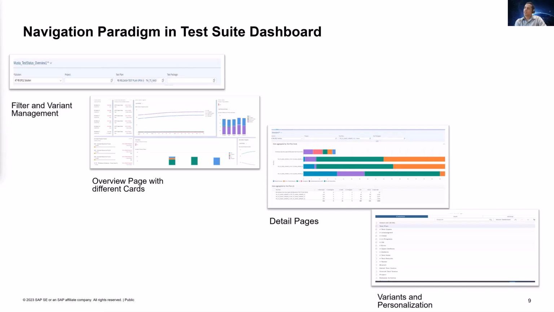From the filter and variant management, you can select the kind of data and the filter parameters based on which the overview pages are shown. From the overview pages, we go a level deeper and see the detail pages, which can further be configured based on your liking. From there, you can add additional parameters, dimensions, and measures, and select exactly the data that you want to see, right?